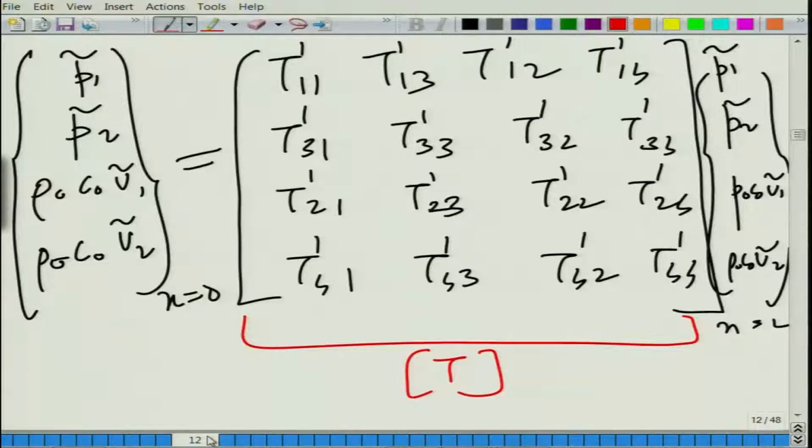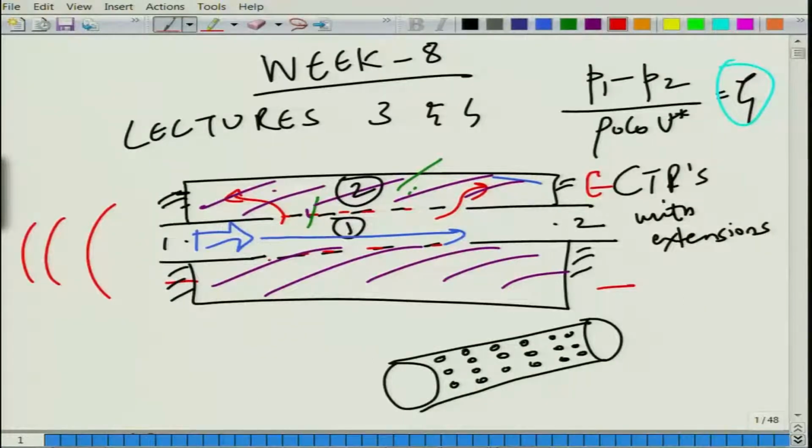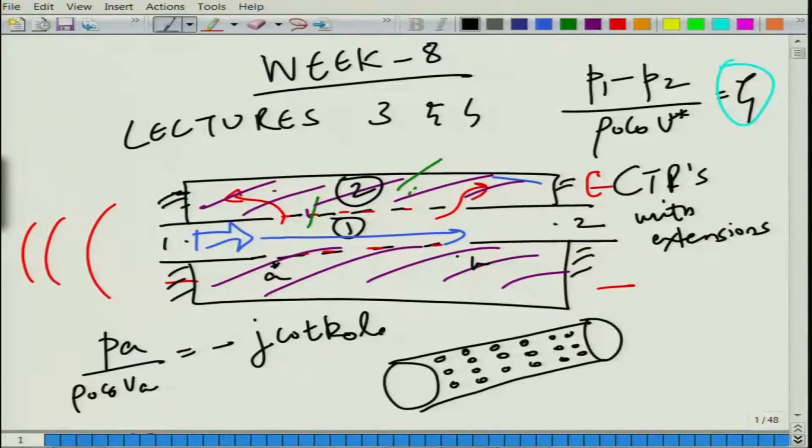As a result, what will happen, actually let me go back to this place. At this particular place, A, and this is B, Pa by rho naught C naught U A will become minus j times cot k naught L A, assuming that this is L A and this is L B. Here the velocity is obviously looking into the cavity, so we have to change the sign.